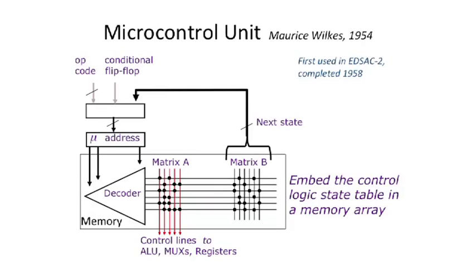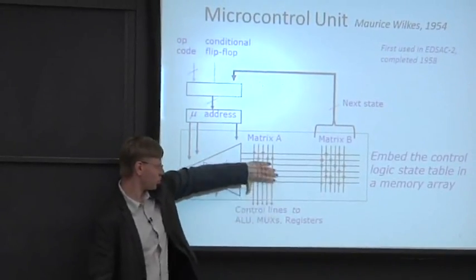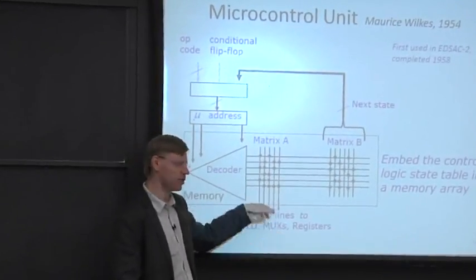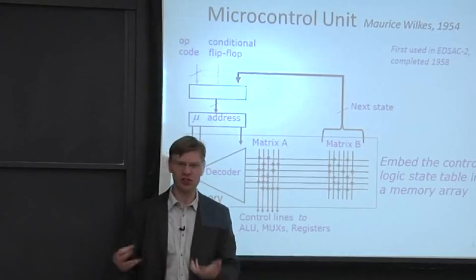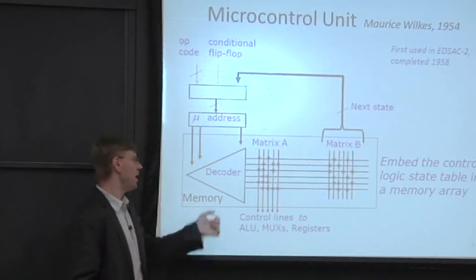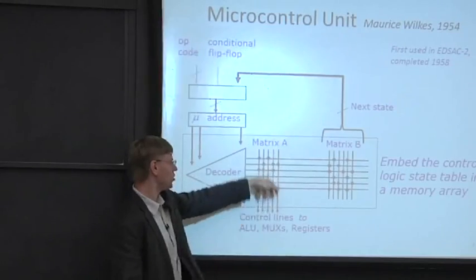So in this design, here are the control lines which run to your processor. These are a bunch of wires that are going to come out of your processor and are going to assert different things on ALUs, multiplexers, registers. And then you need some way to drive this.